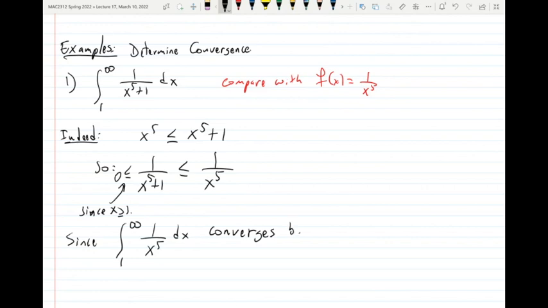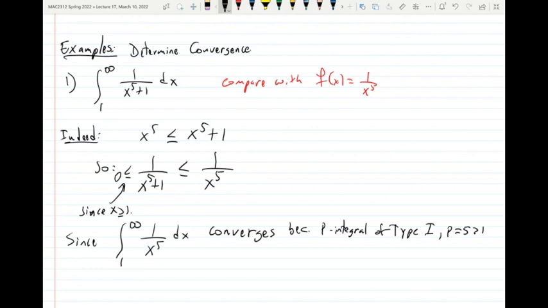Why? Because it's a p integral of type 1. Remember, the type is important. Of type 1 with p equals 5 bigger than 1. You write that sentence, you are telling me why you are saying that it converges. Do you understand this?